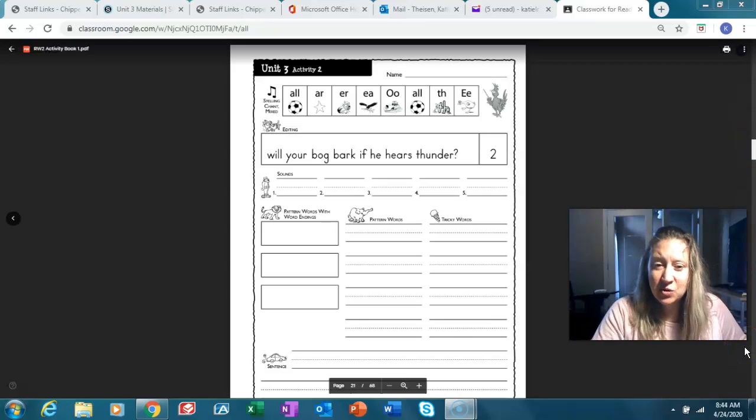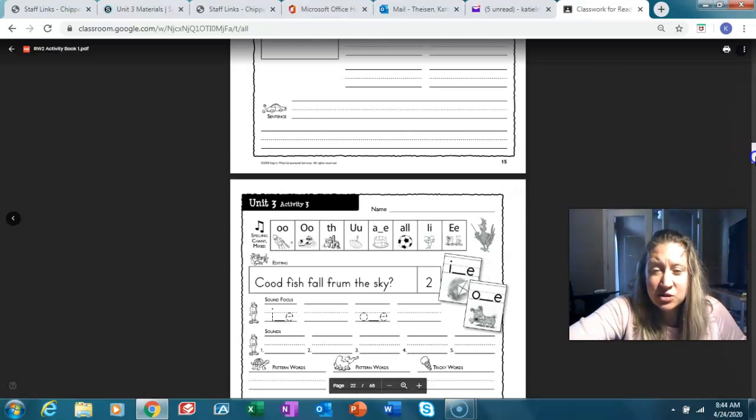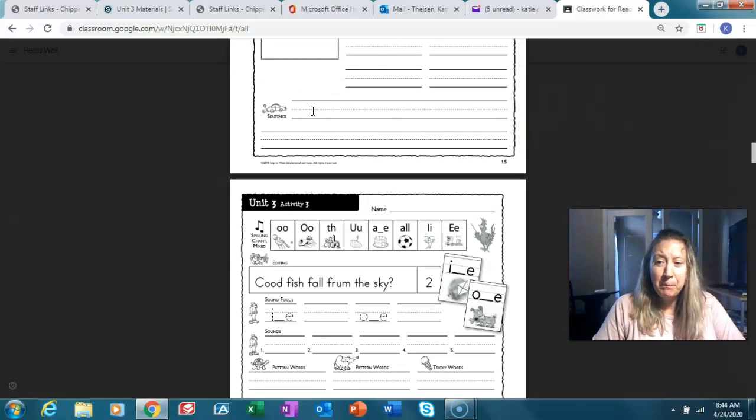Okay, good job. Go down to the sentence. I'm going to tell you a sentence to write. I'm going to read it quickly first, and then I'm going to go back and read it slowly, okay? So you're writing right here on the line. All right, listen to the sentence. A ball did not fall from the sky. A ball did not fall from the sky.